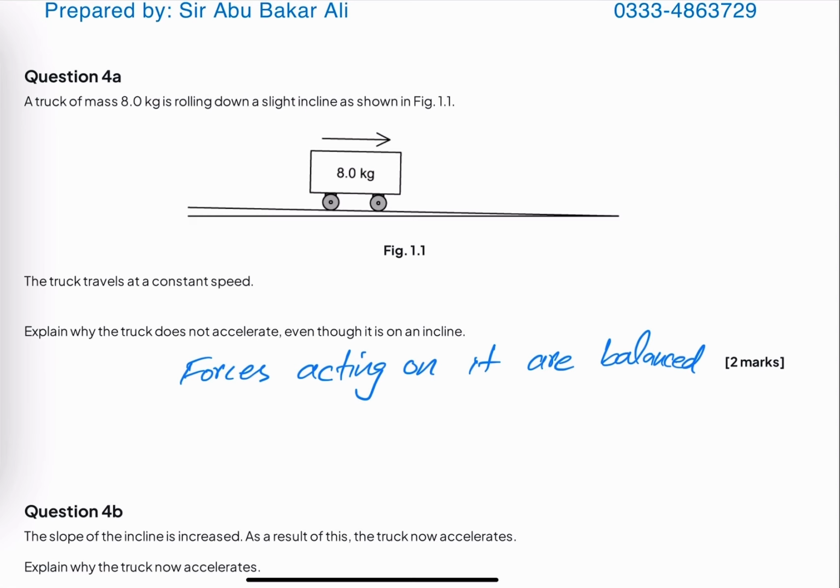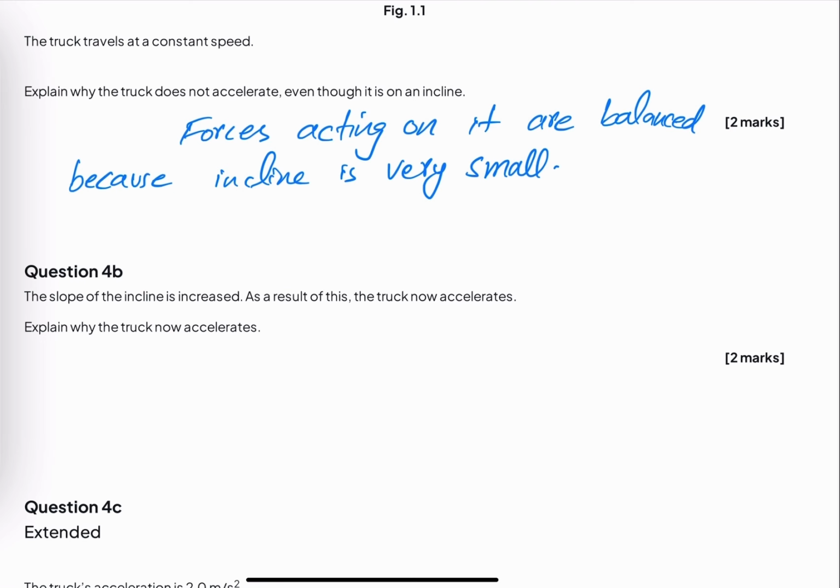Second point: why balanced? Because the incline is very small. As the incline is very small, the frictional force and the downward force will balance each other, so it will not accelerate.